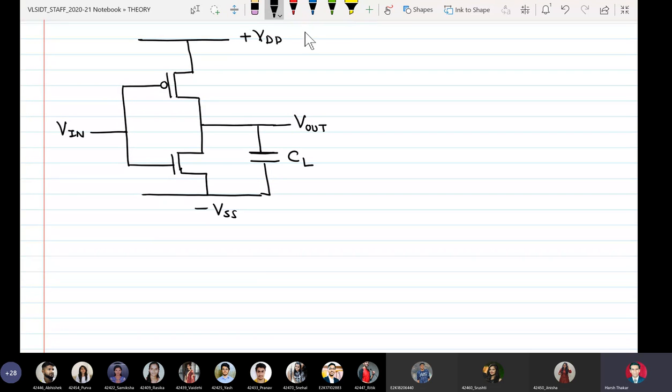Here we have one PMOS and one NMOS, and the only difference is that now the inverter is driving a capacitive load CL.